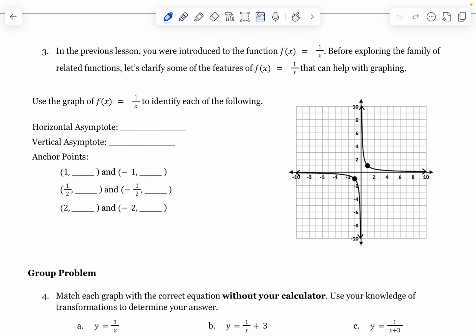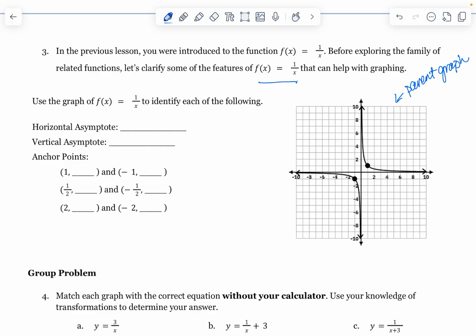In last class period, we were introduced to our rational function, and we just want to clarify a couple features that can help us in the next couple of questions. The graph we have here is our parent function graph, the most basic rational function, the graph of 1 over x.